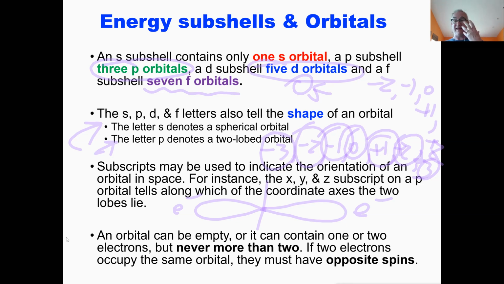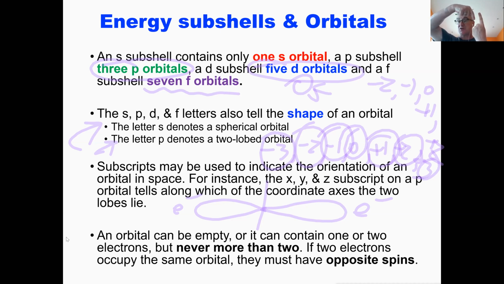Now, an orbital can have no electrons in it. You can have 1 electron in it or 2 electrons in it, but never more than 2. So there's either 0, 1, or 2 electrons in it. There's only room for 2. And if there's 2 electrons in an orbital, they have to differ in the last number of the address. Since they're in exactly the same house, they have to have different spins.